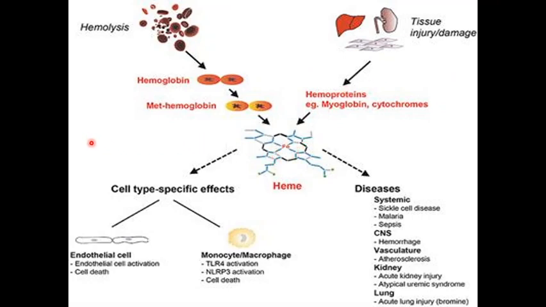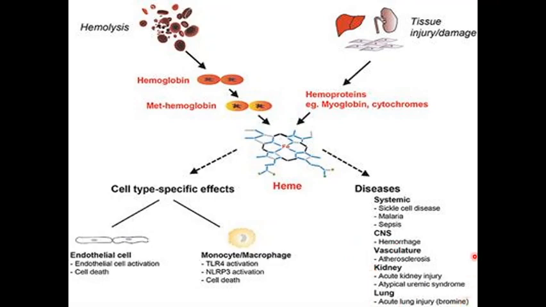But nothing is there to bind with the heme. So in this way, what will the heme do? It will affect the other cells. Endothelial cell activation, cell death will be there, right? Sickle cell disease will be there. Malaria can cause sepsis, CNS hemorrhages, atherosclerosis.